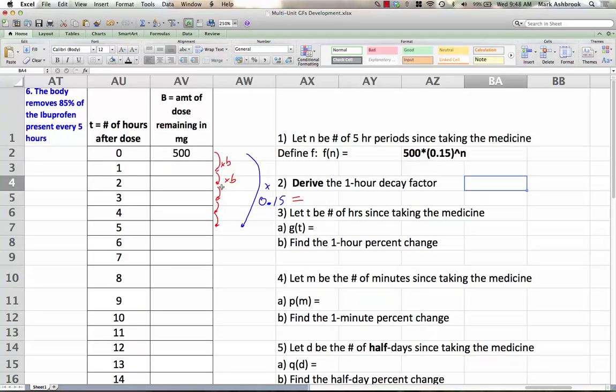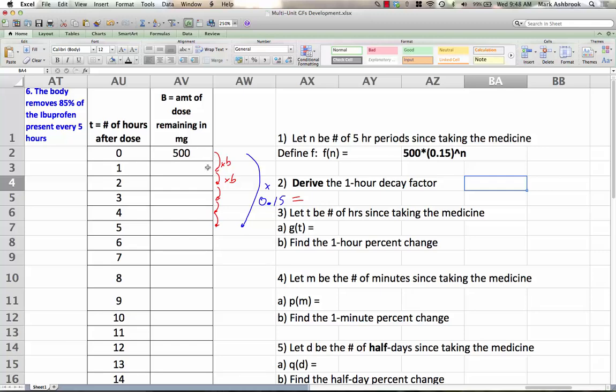If B is what you multiply by to get the amount 1 hour later, then what is 0.15 in terms of B? B over 5. Lexi, do you agree with that? 5B. B to the 1/5.